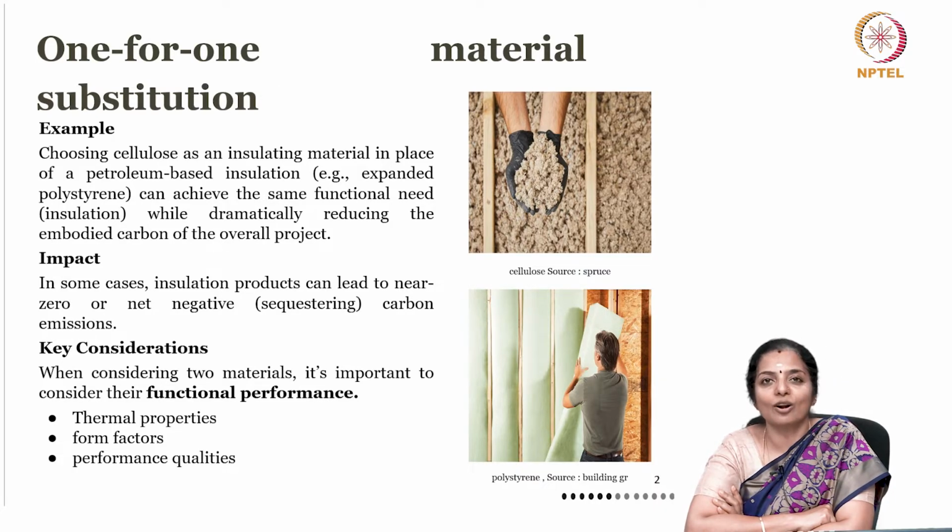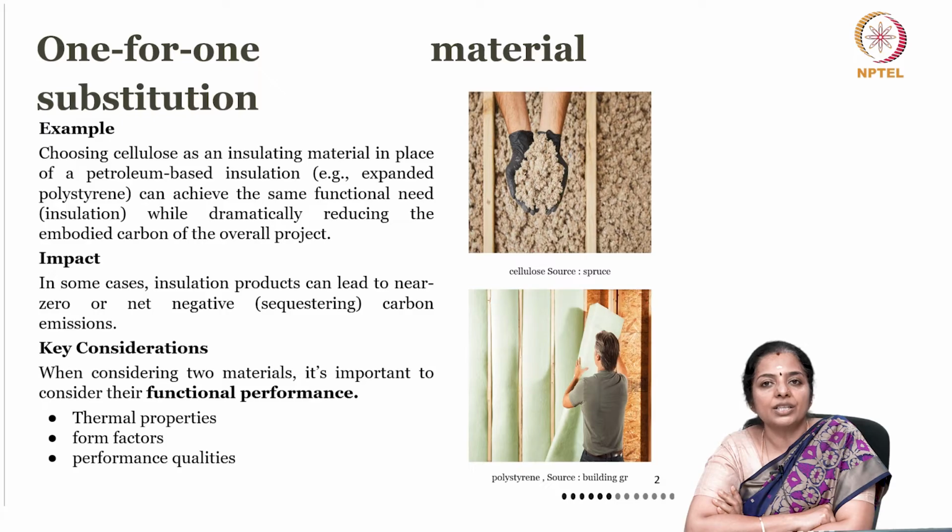If you remember cork, it has sequestered carbon, and therefore just the choice of using that material can not only give you near zero, but it can give you net negative carbon emissions.